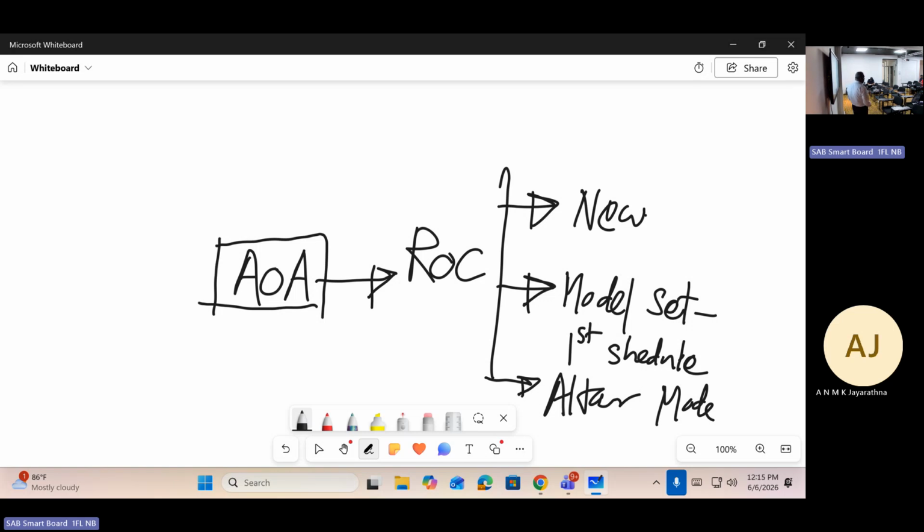The company can prepare its own set of articles, a brand new one. Second, the company can adopt the model set of articles. And the third option is to alter the model set of articles and adopt it. These are the three options we can recognize in terms of articles of association.